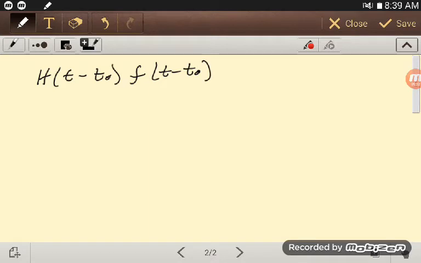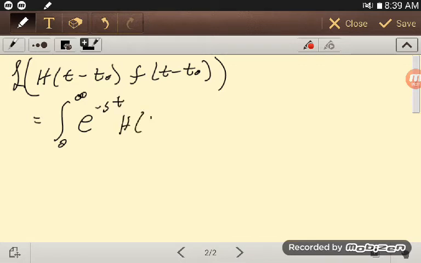So we have that. And now suppose we want the Laplace transform of all of that. Well, then that's equal to the integral from 0 to infinity of e to the minus st times that Heaviside function of t minus t0 times f of t minus t0 dt.